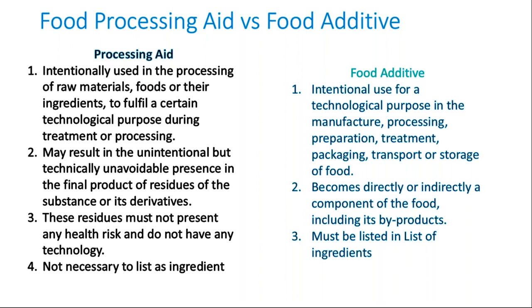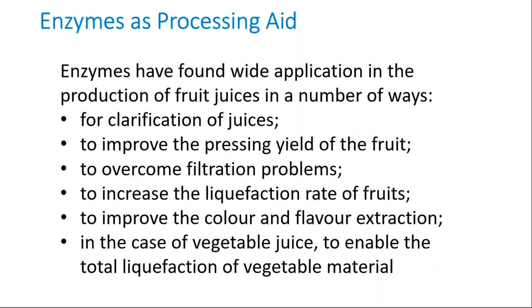However, a food additive is intentionally used for a specific technological purpose. It becomes directly or indirectly a component of the food, and it has to be listed in the list of ingredients.